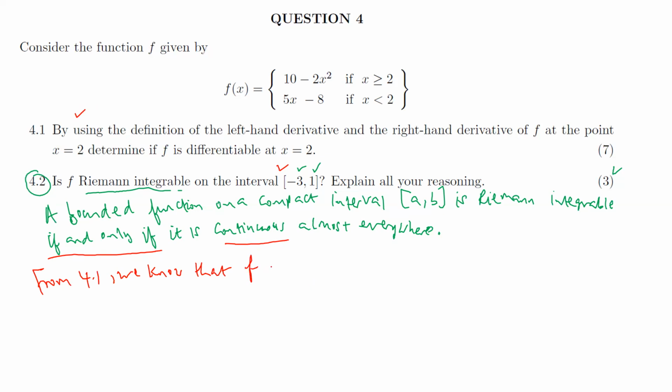We know that f is not differentiable at x equals 2. Okay, since the function is not differentiable at x equal to 2, we know that the function is not differentiable. Put a full stop there.